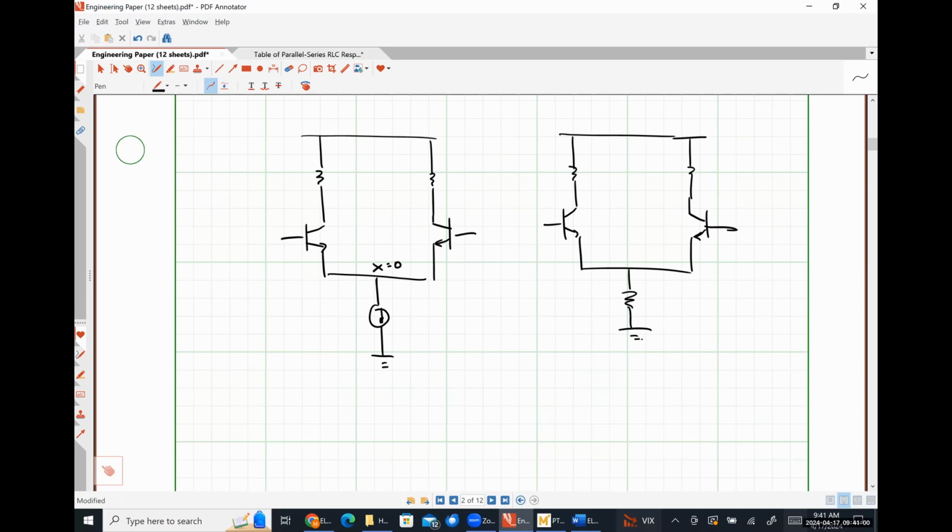So that current source connected transistor, or the transistor down here, is playing the role of a current source in a large signal configuration and just the resistor in the small signal configuration.